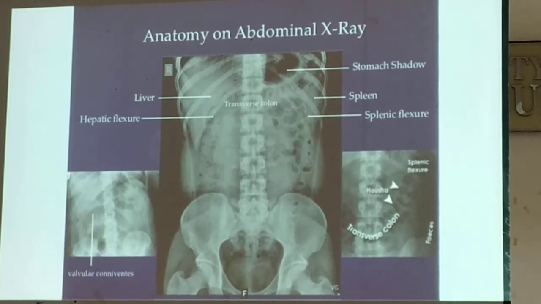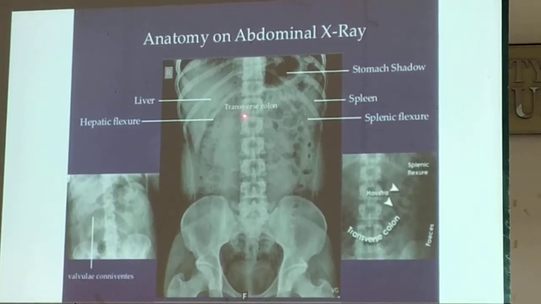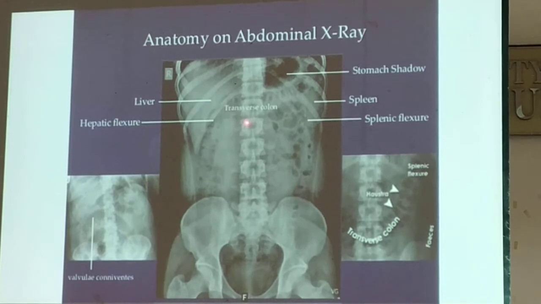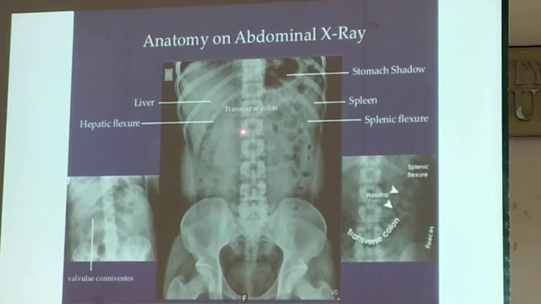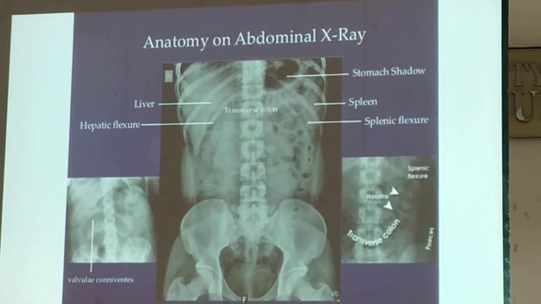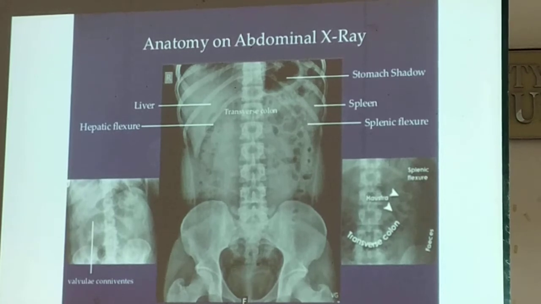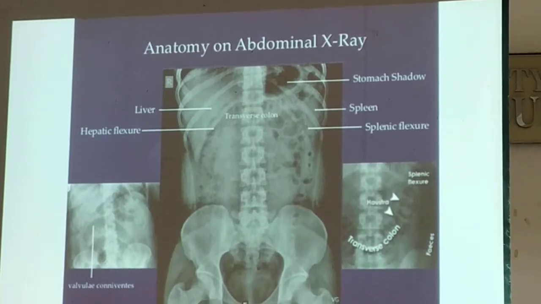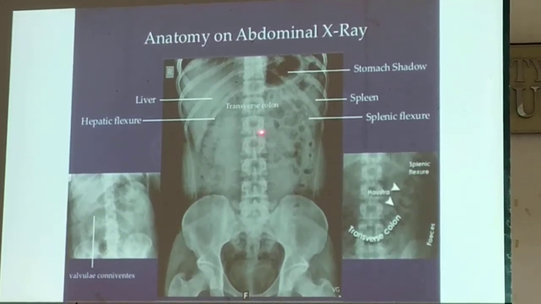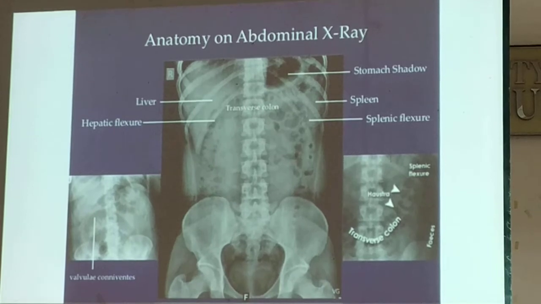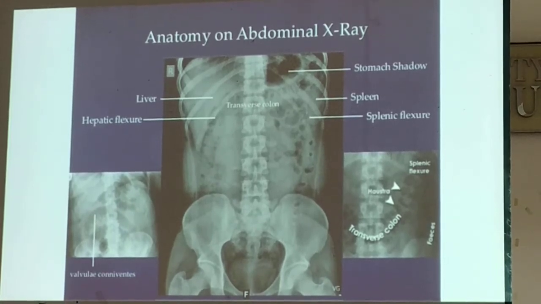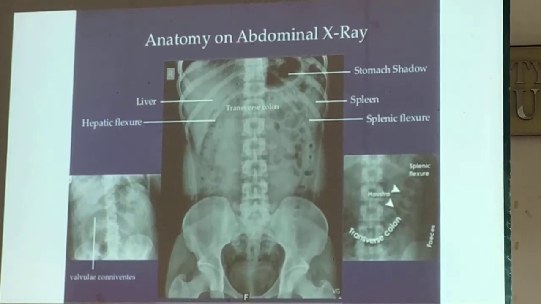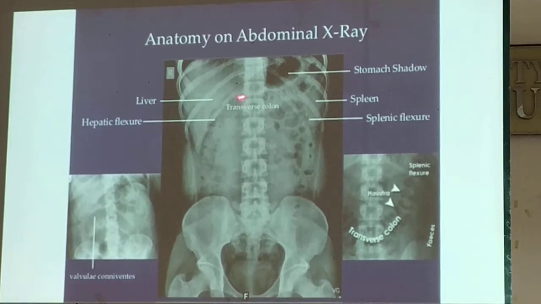Okay? Then I gave you this shadow, but this is more prominent. This is your transverse colon. But anybody who answered large intestine, colon, that is also correct. Okay? So, your guide here, anatomically, the large intestine would be seen peripherally.